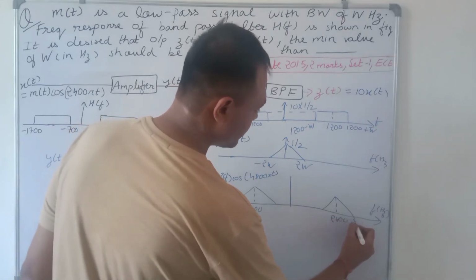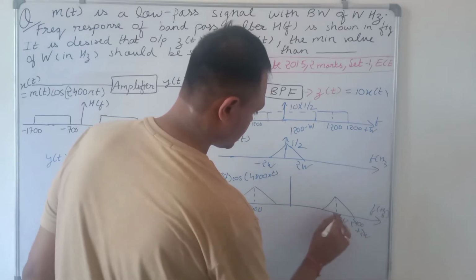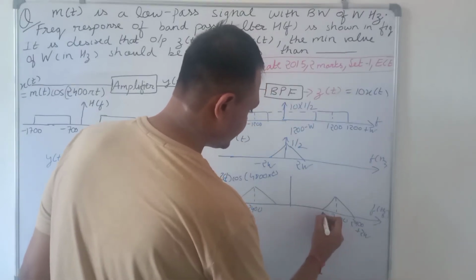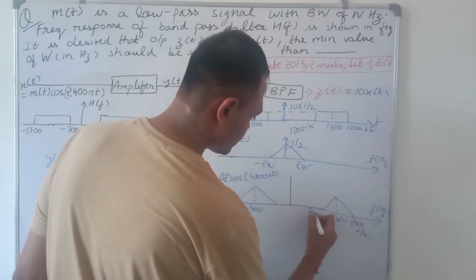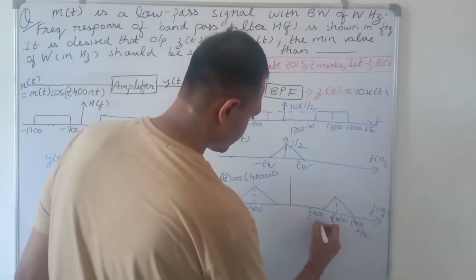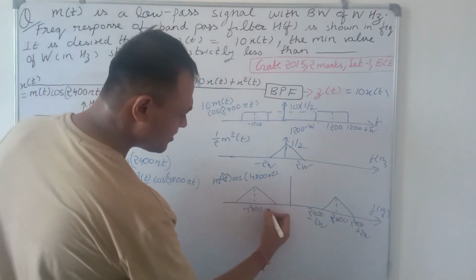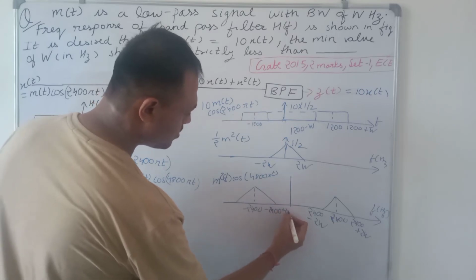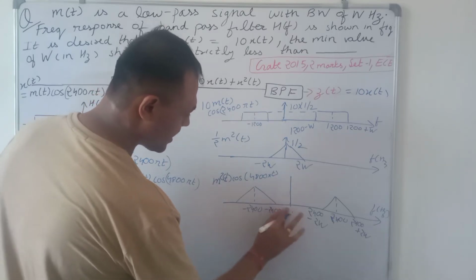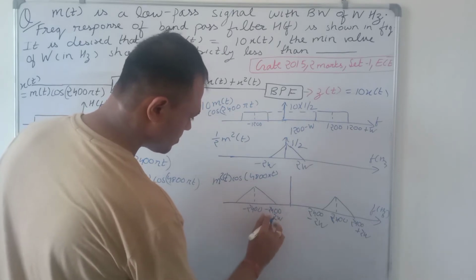So this is 2400 plus 2W, and this is 2400 minus 2W. Similarly, this frequency will be minus 2400 plus 2W.